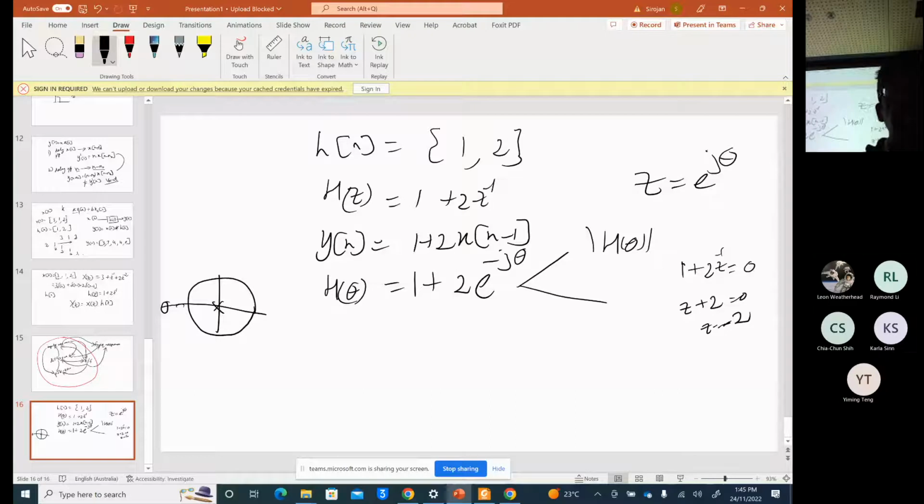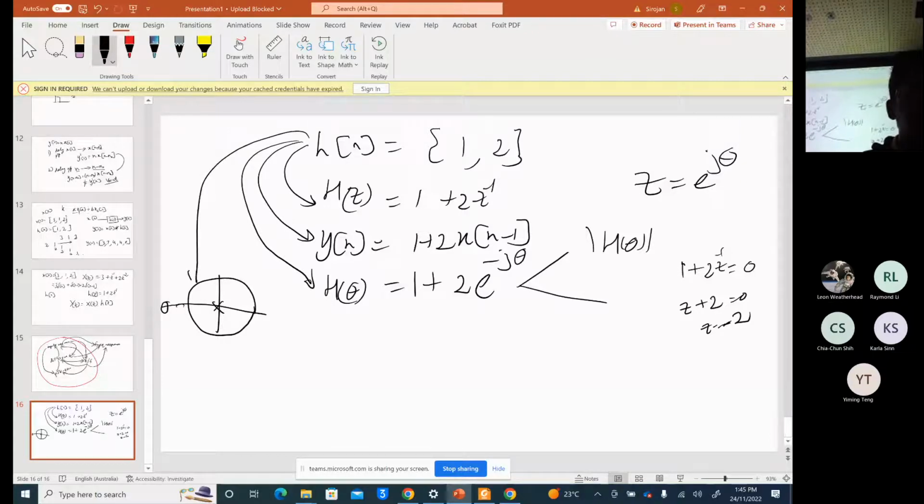Okay, so from this one you can find this one, this one, and this one. And the other way, if you are given the Z transform, you should be able to find the impulse response and the difference equation. Likewise, just make sure that if one of these is given, then you should be able to find all the other things.